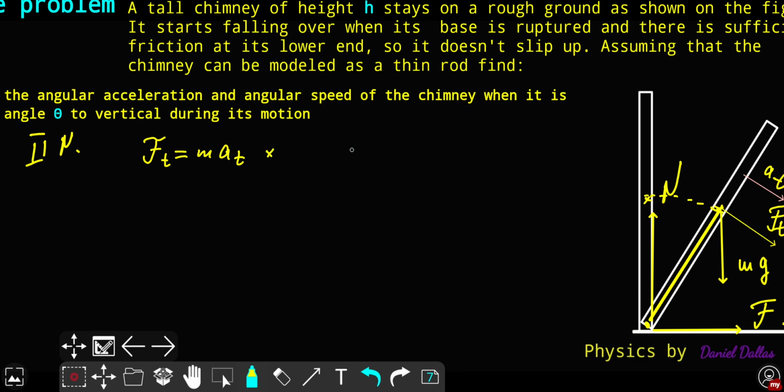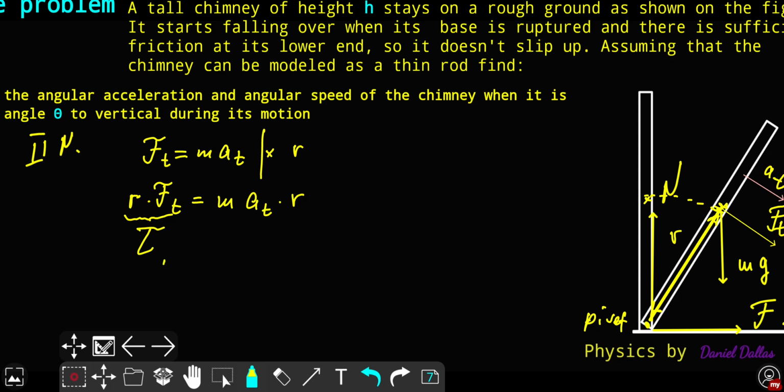If we multiply both sides by r, which is going to be the distance from the pivot to the point of mass that we keep track of, we'll get the following: r times F tangential is equal to m a tangential times r. Okay, so we multiply both sides by r. But this is what is known as the moment, or the torque. Actually, so this is the torque.